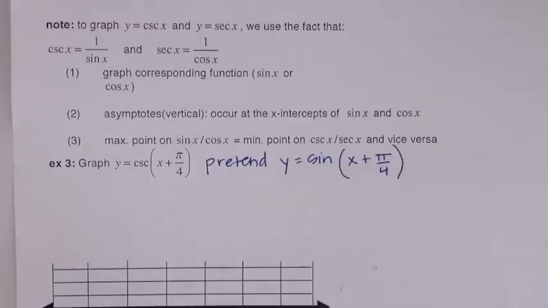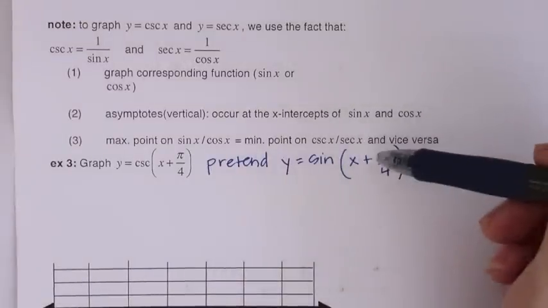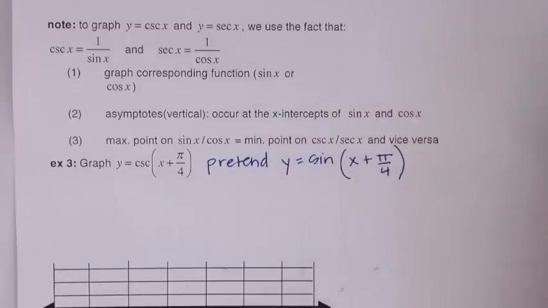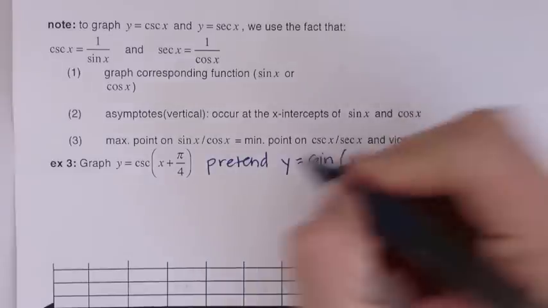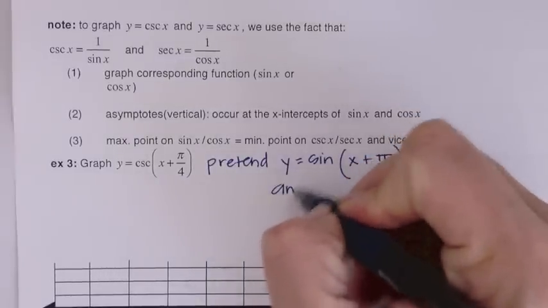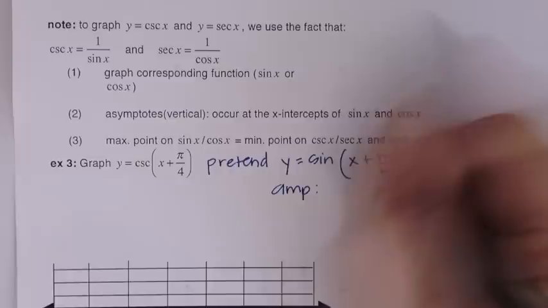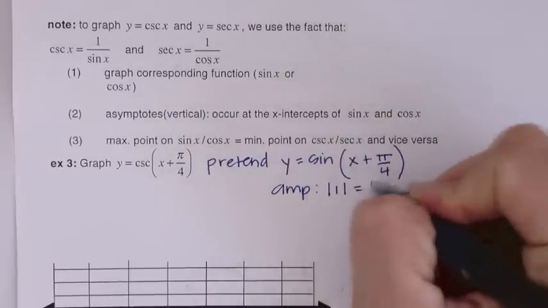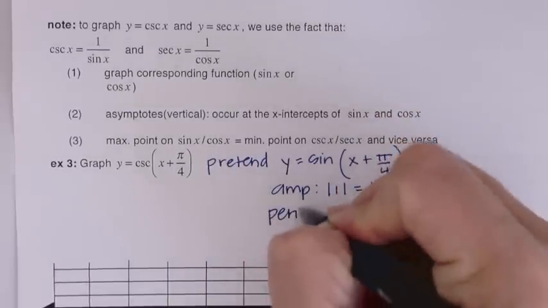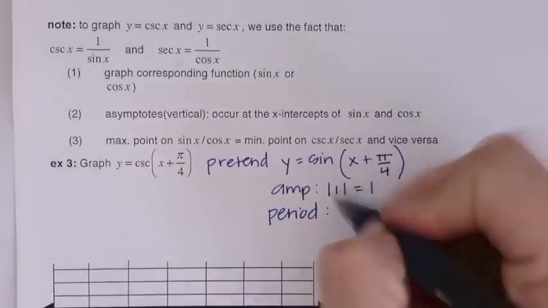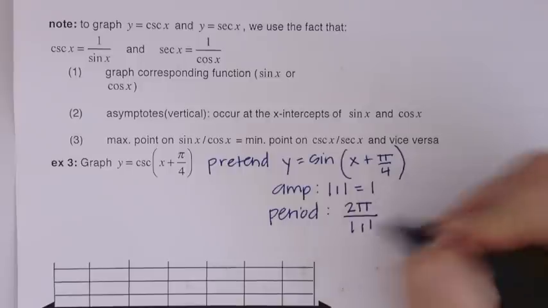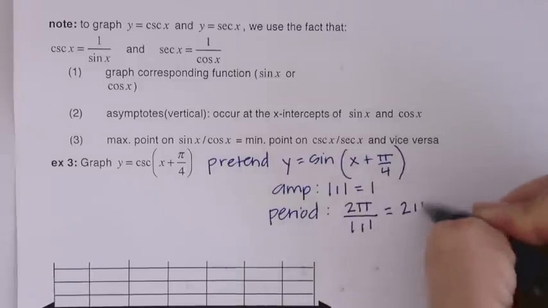Okay, so when we say pretend y equals sine of x plus pi over 4, if we wanted to graph this, which is something we've been graphing already, we would go, okay, the amplitude is the number in front, it's a, and that's just the absolute value of 1. And then the period would be 2 pi divided by the number b for x, and there's not a number, so it's implied that it's 1.